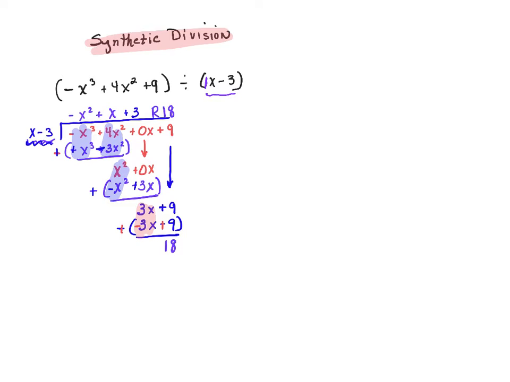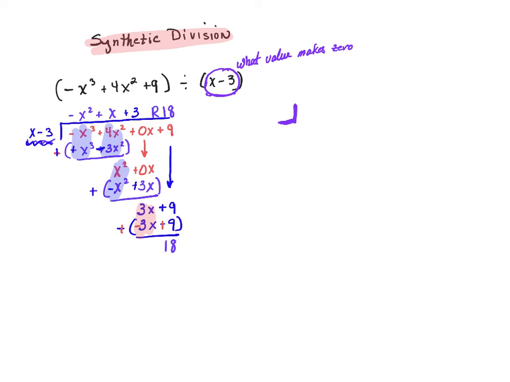And when we set it up, synthetic division looks like this. You make a little rectangle like this, or just a little corner of a box. And inside this box, you put what would be the zero of your binomial. The zero means what value of x makes this zero.